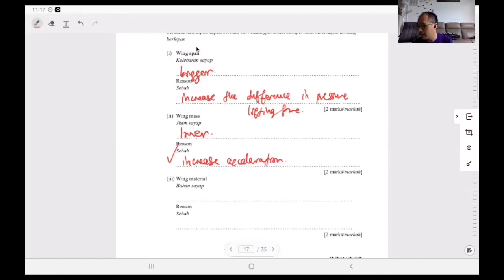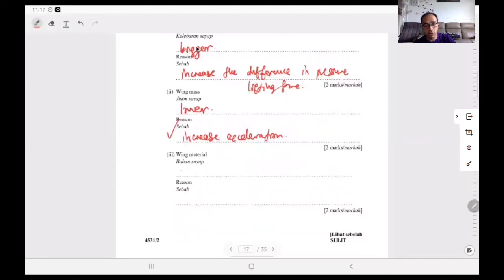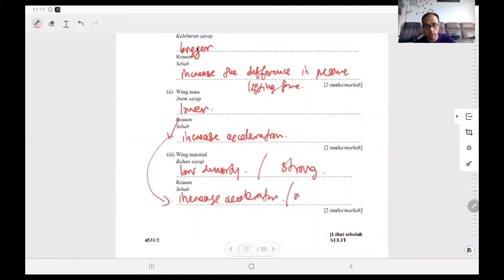In that case, wing material. Hold on, let me see. Are you supposed to give suggestions? Okay, the wing material should be of low density, and for low density you can say the same thing, to increase acceleration. Another famous answer will be that the wing material should be strong, so not easily broken.